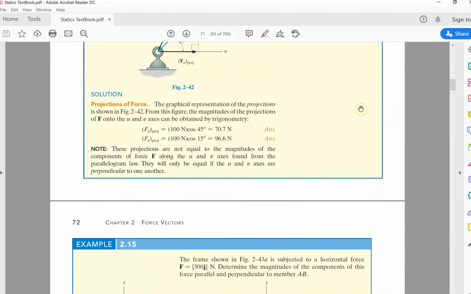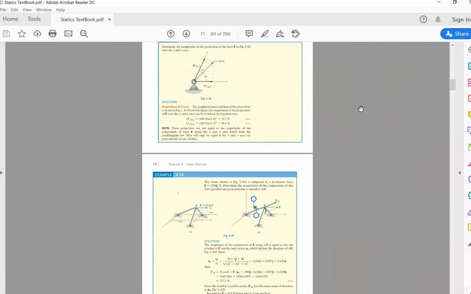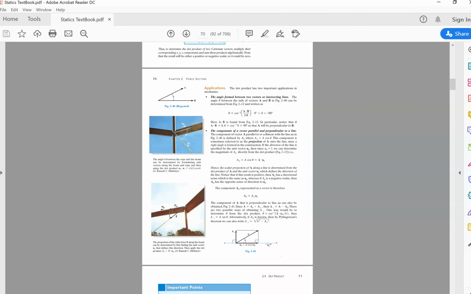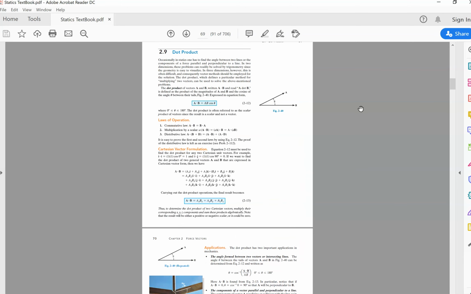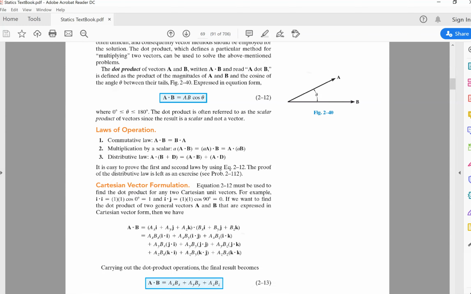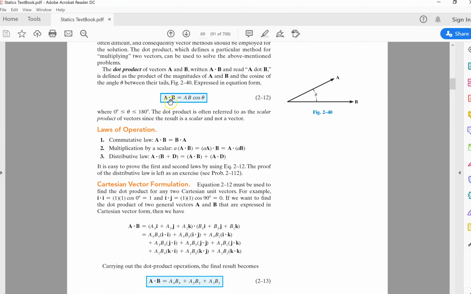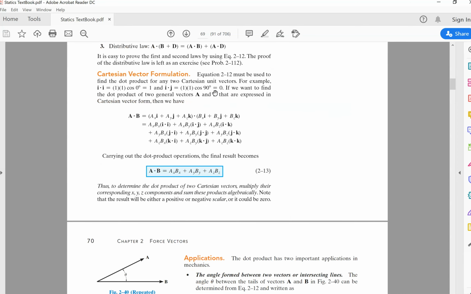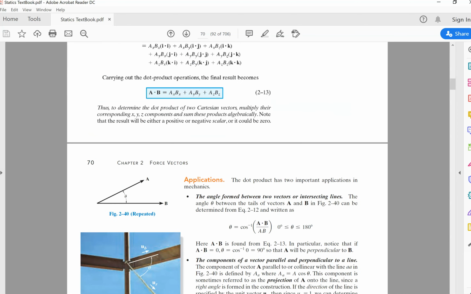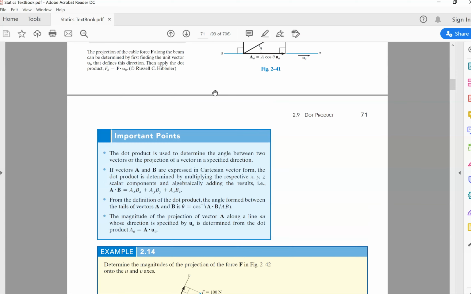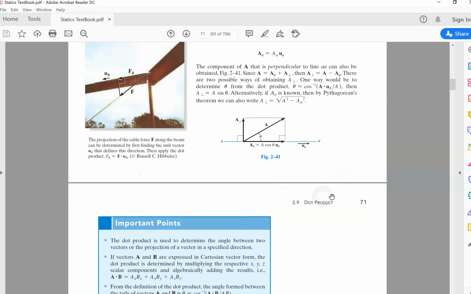Okay, you remember this equation that was explained to you earlier on your dot product? Can you see? Yeah, A dot B equals AB cos theta. Okay, and then you can also refer to the formula here. Wait 1 second. Here, can you see this?